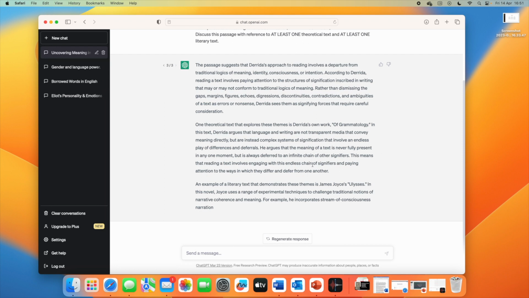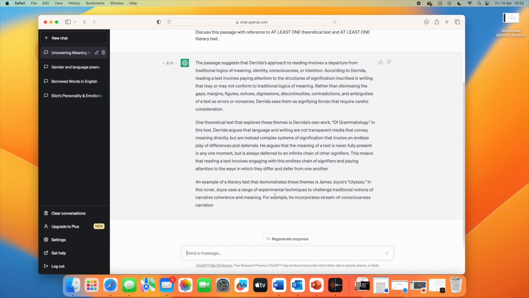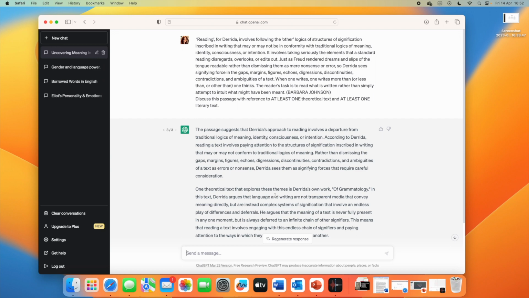It is certainly not at a level of detail that you would need for a university essay, let alone a graduate essay. As you read through this, you can see it's incredibly high level. It is not at all the level that you would be required to write at for a university essay or for a school essay.